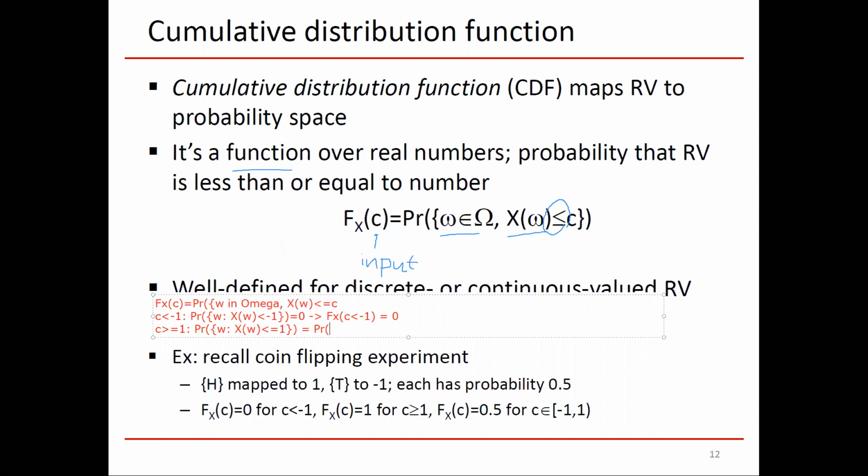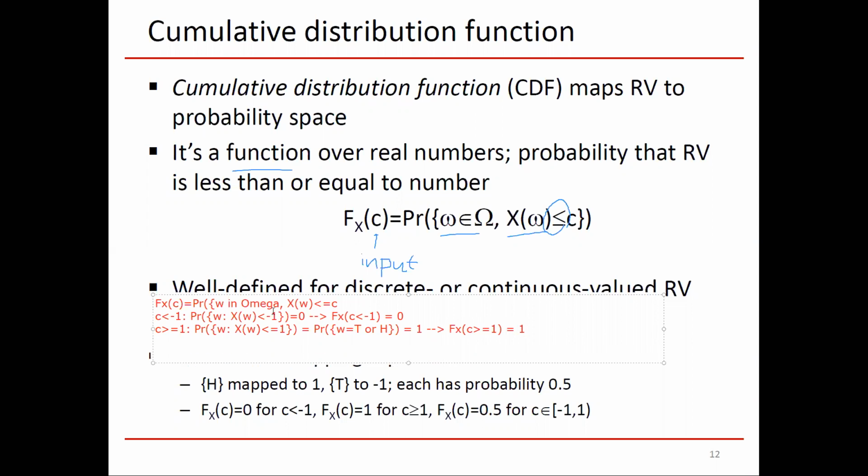That's fine. And if omega is t, the random variable is -1. -1 is definitely less than 1. So therefore, this is the probability of omega being t or h. Omega is always t or h. That happens with probability 1. And therefore, F_X(c) in this case, which is greater than or equal to 1, is equal to 1.